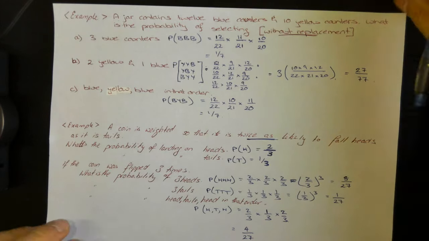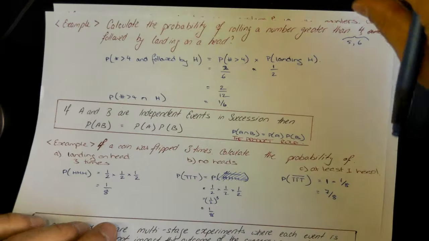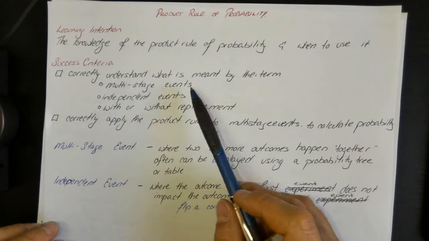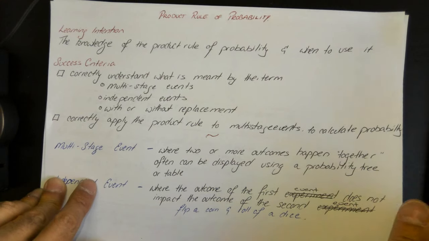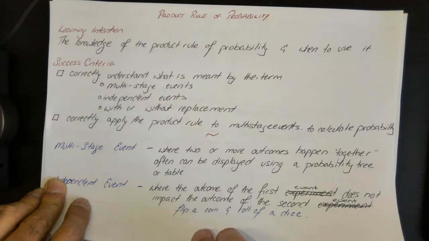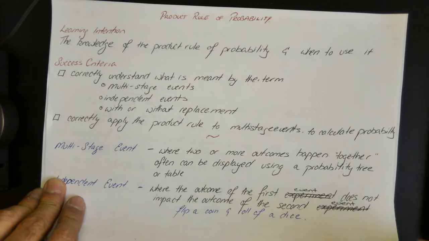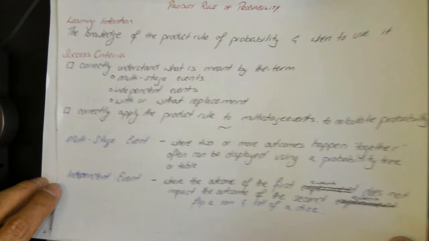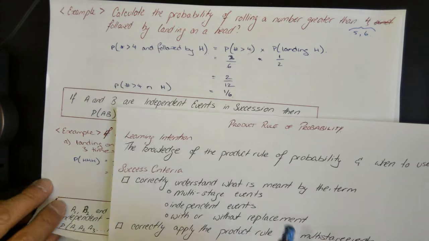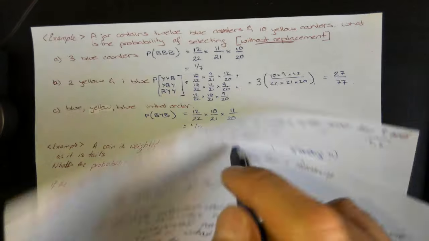Okay. So looking back, we need to know what a multi-stage event is. All those examples that we've gone through are multi-stage events, independent events, where the outcome of the first event doesn't impact the second, and the only time that affected it was the example of the jar.